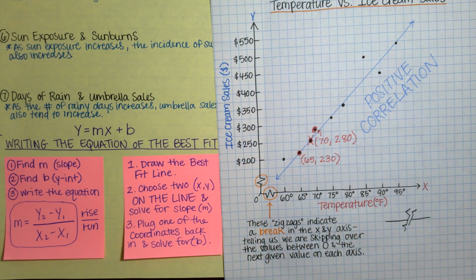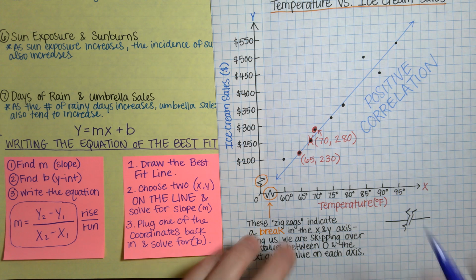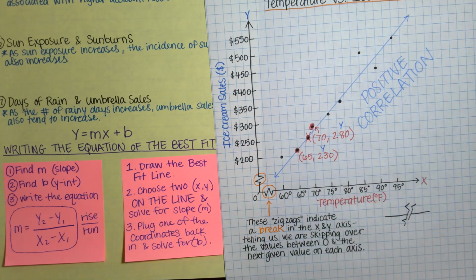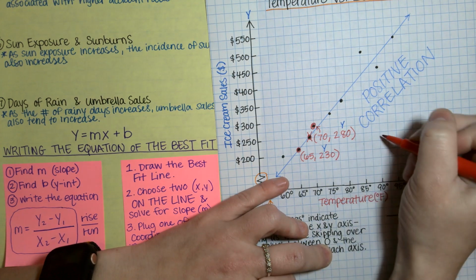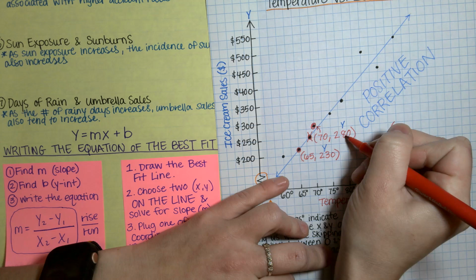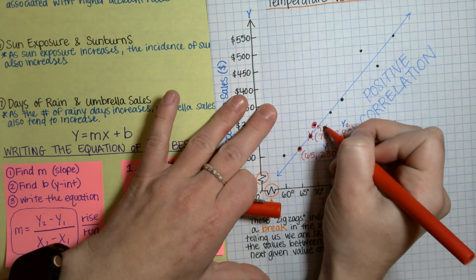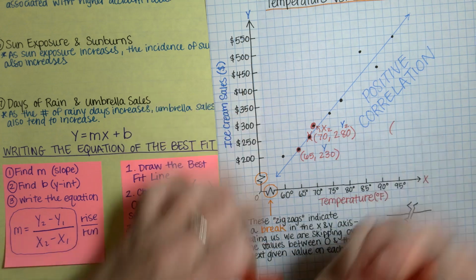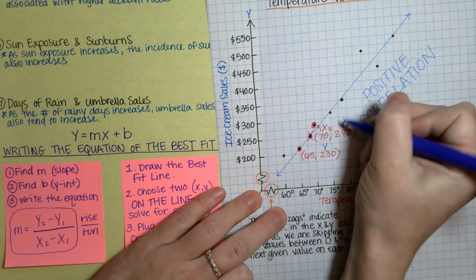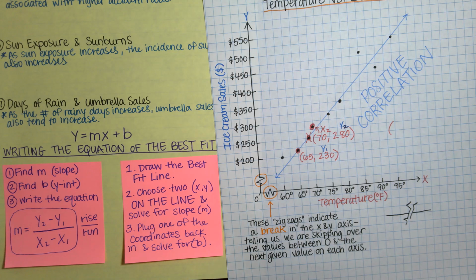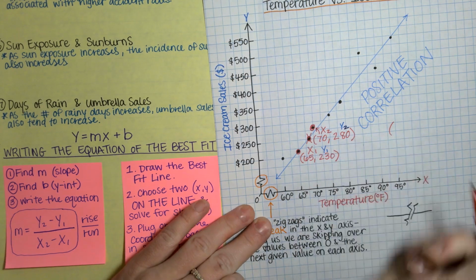Okay, so can you walk me through what you did to find your slope? 280 minus 230 equals 50. Okay, perfect. So we'll call that y2 then. Let me label first because I'm going to get myself lost. x2, y2, y1, x1.